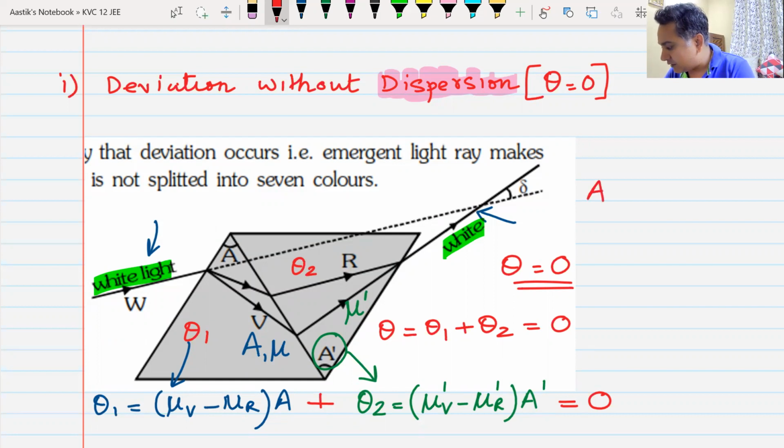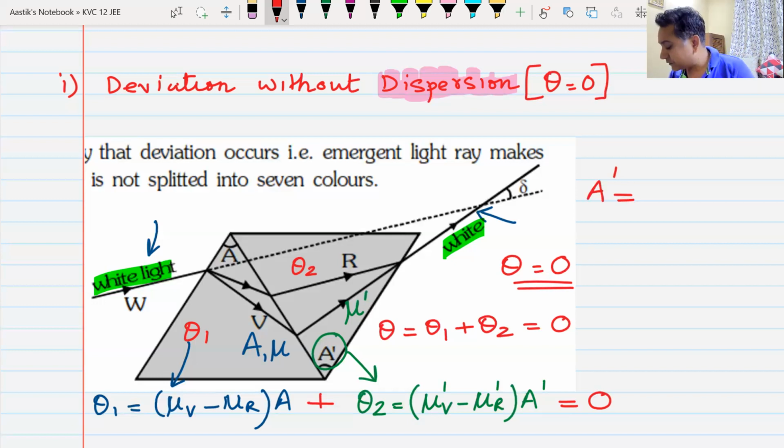Can anyone tell me what A dash will be equal to? How did you get A, beta?